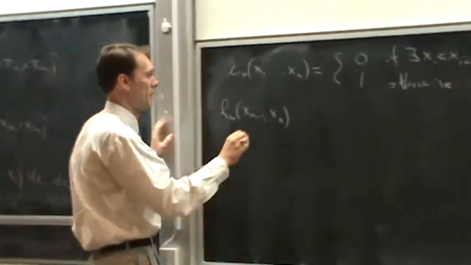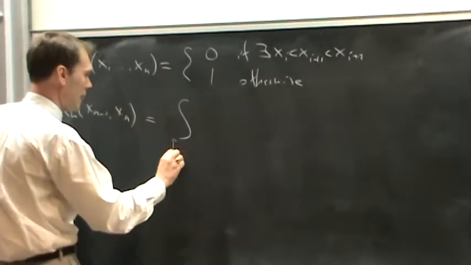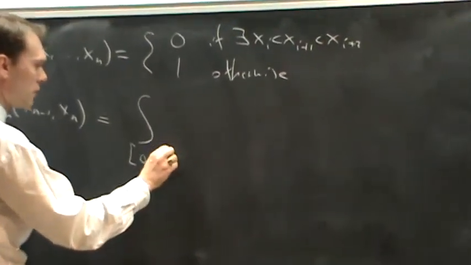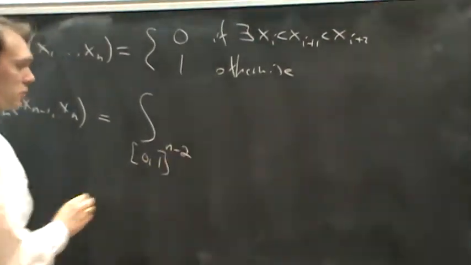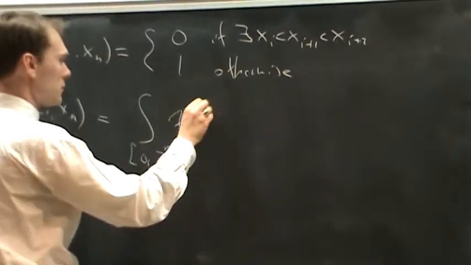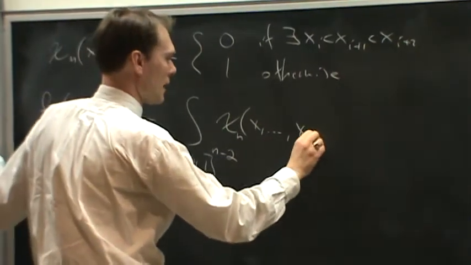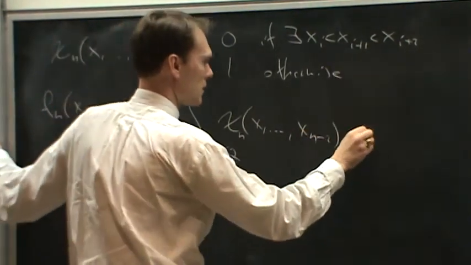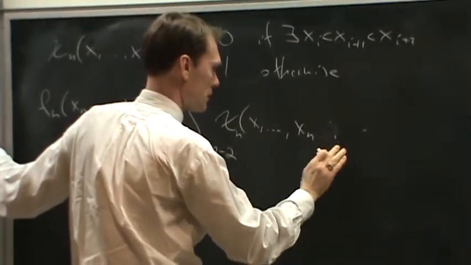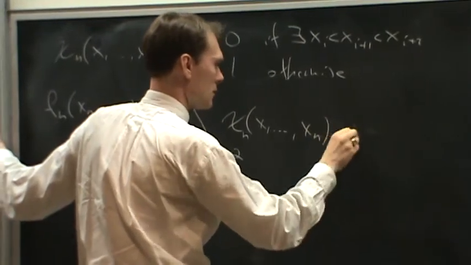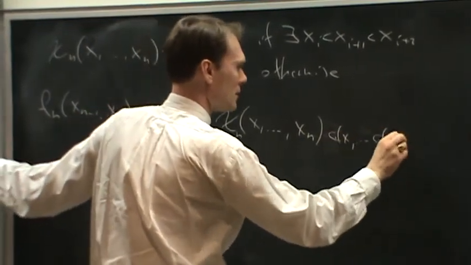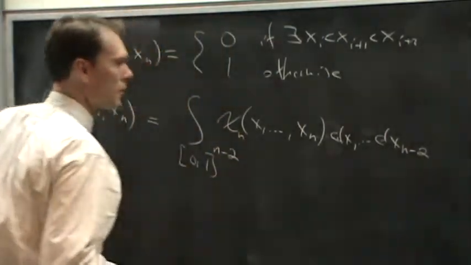Namely, I'm going to integrate away over all the other variables, these n minus 2 of them, of this function chi_n, x_1 through x_{n-2}, with the function still depending on x_{n-1} and x_n, dx_1 through dx_{n-2}.